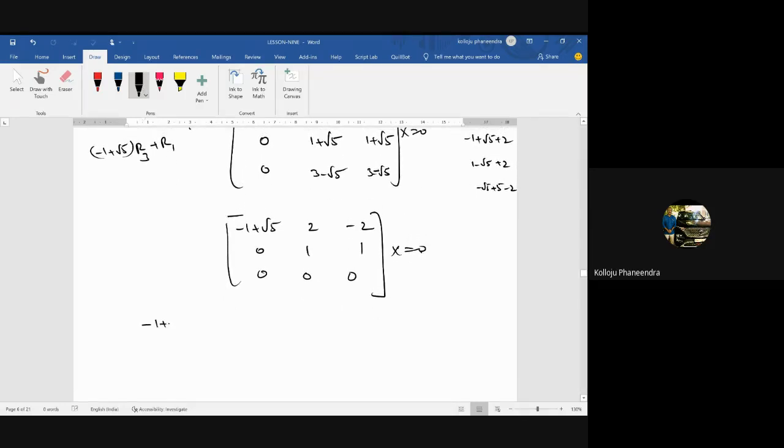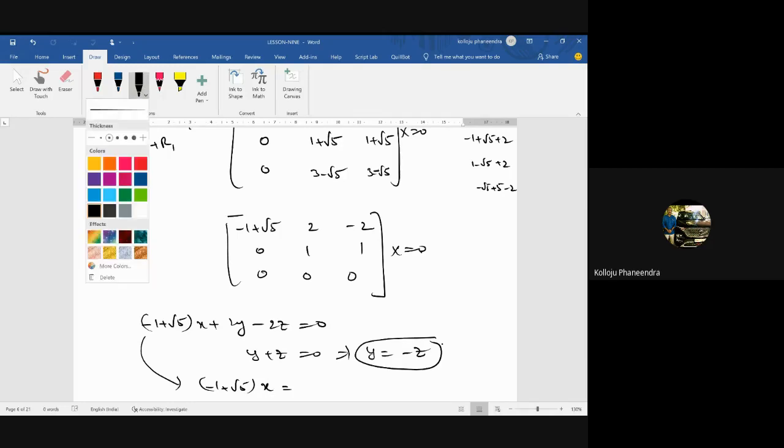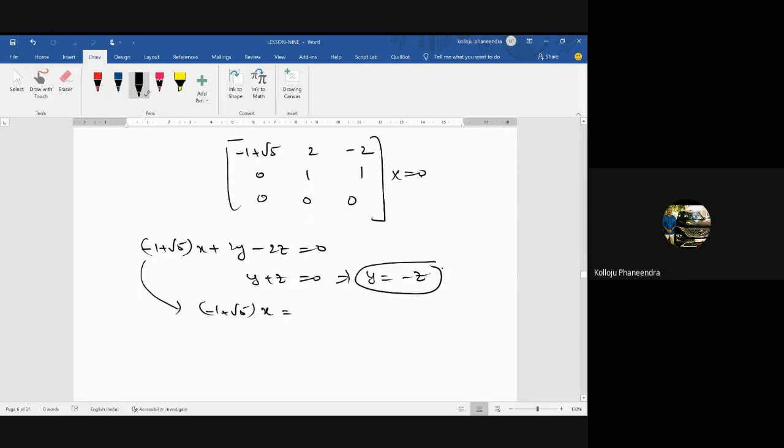Then what I'm getting: minus 1 plus root 5 into x plus 2y minus 2z equal to 0, and y plus z equal to 0. From this, y equal to minus z. And this becomes minus 1 plus root 5 into x equal to minus z, minus z, minus 2z, that is 4z.